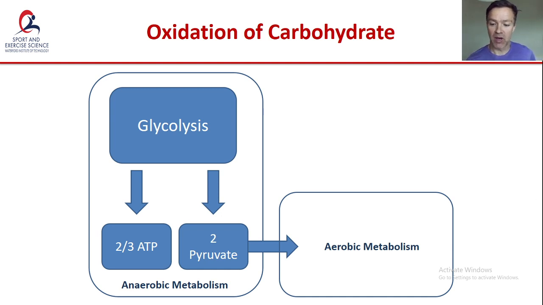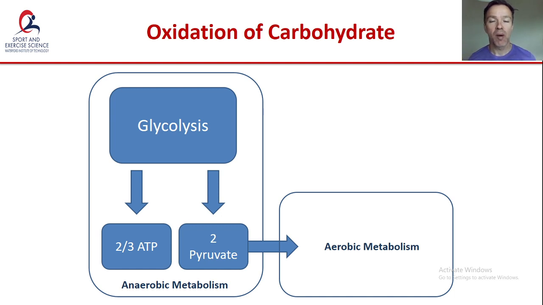Specifically what happens is, in the presence of oxygen, the pyruvate produced from glycolysis can enter into the mitochondria from the sarcoplasm. So glycolysis is occurring in the sarcoplasm. Aerobic metabolism of the oxidative system occurs inside the mitochondria. Those pyruvate molecules can enter the mitochondria where they undergo further oxidation.